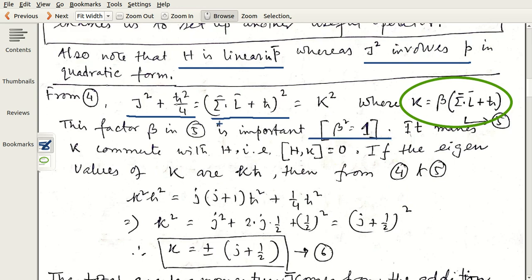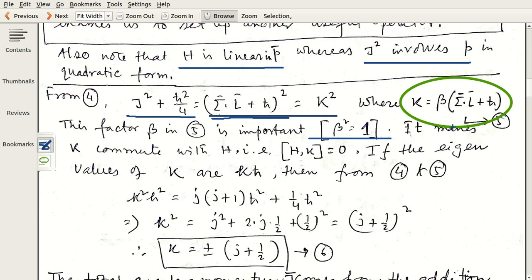So K square takes this shape, but K involves beta, which is important to facilitate other commutation relations and to take advantage in the mathematical steps, but we will not carry out every mathematical step in detail. In that case it will be too long.